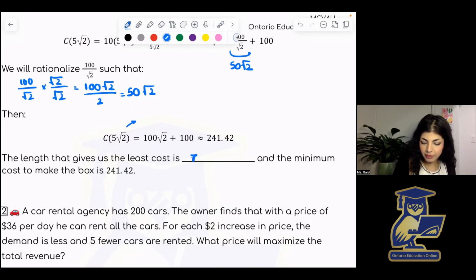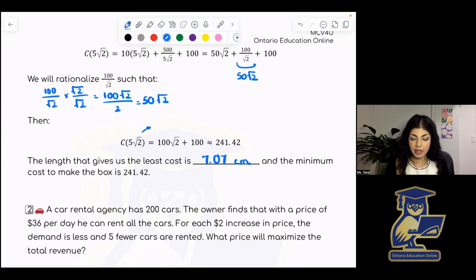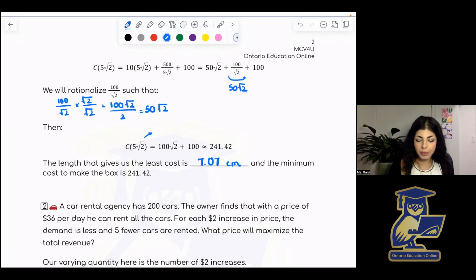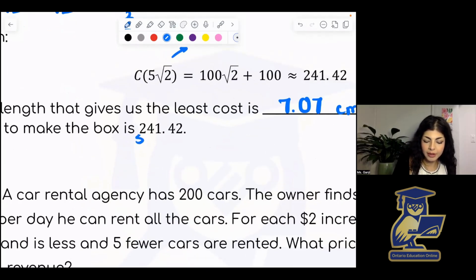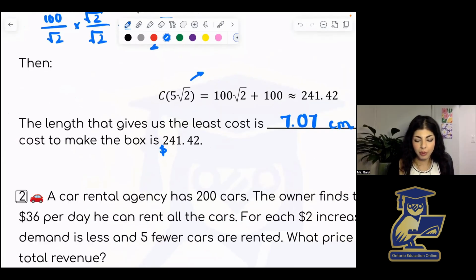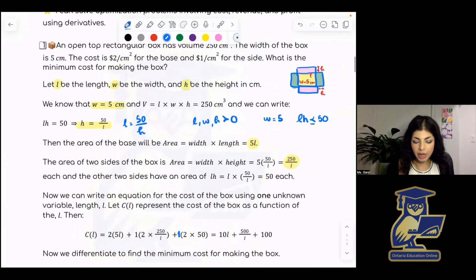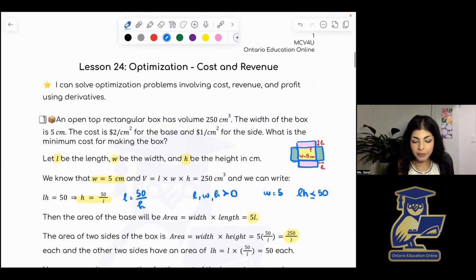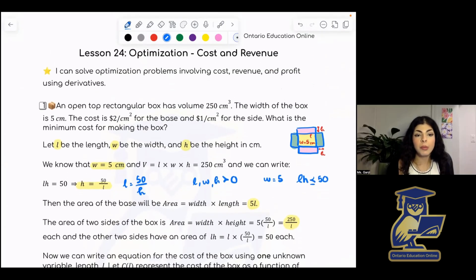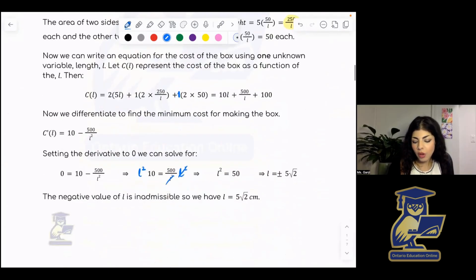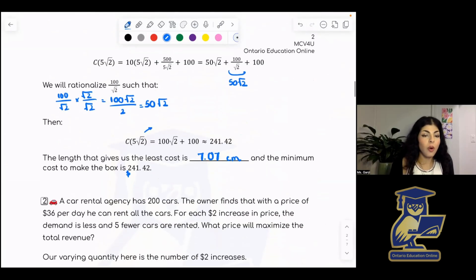This is 7.07 centimeters. And of course, the minimum cost to make the box will be, oh, this should have a dollar sign here, $241.42. And I will just double check here what I was asked. So I was asked, what is the minimum cost for making the box? So all I had to answer was the minimum cost, so I did answer that here as well.